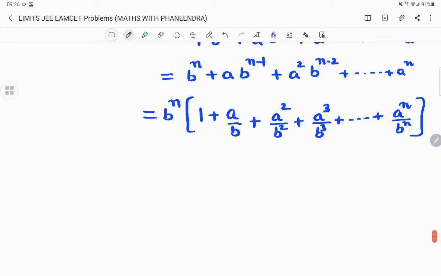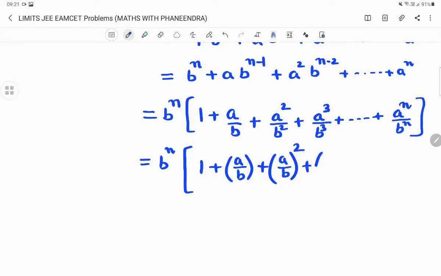So sum to n terms in the GP it is: b power n into 1 plus a by b plus a by b whole square plus a by b whole power 3 plus and so on, a by b whole power n.